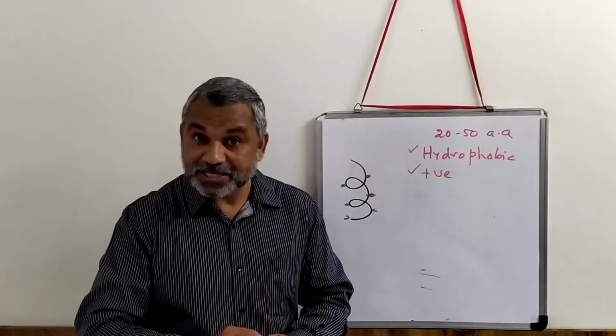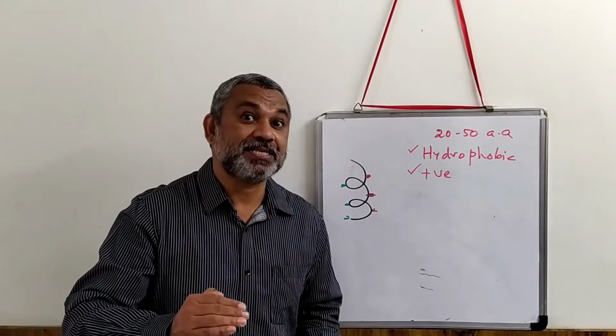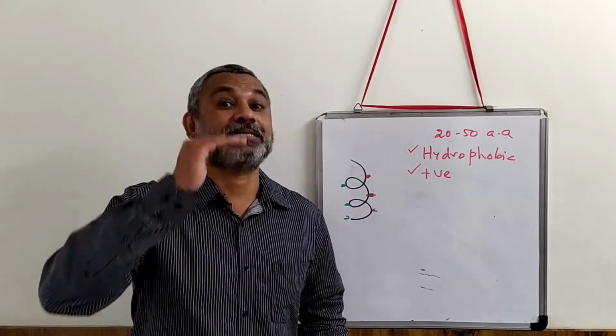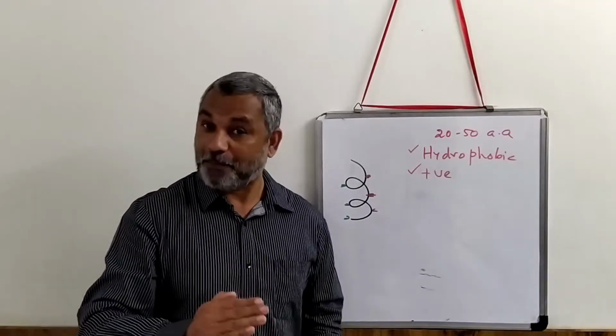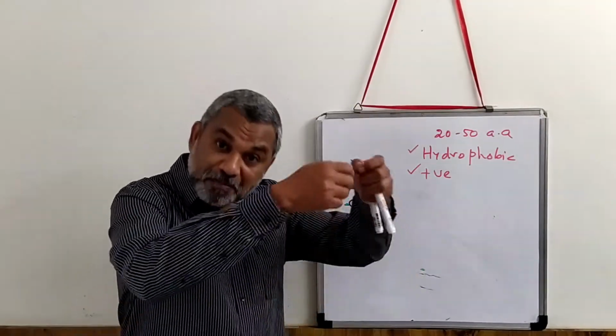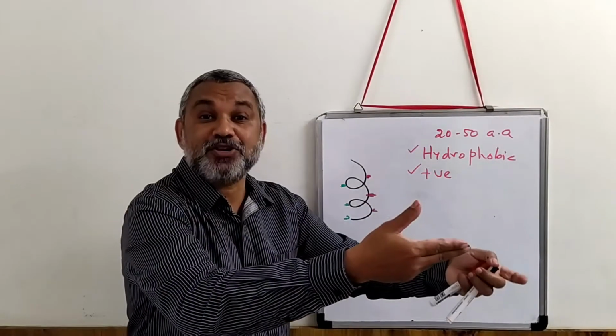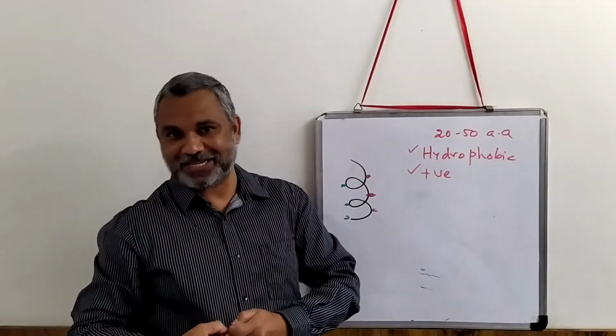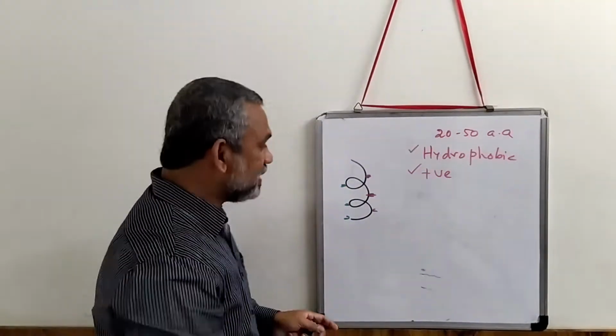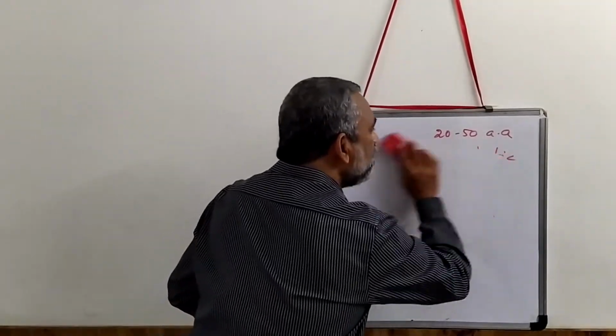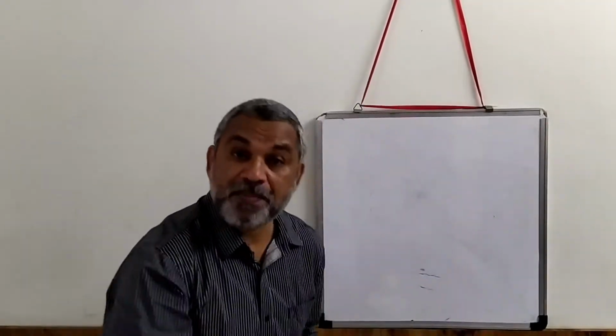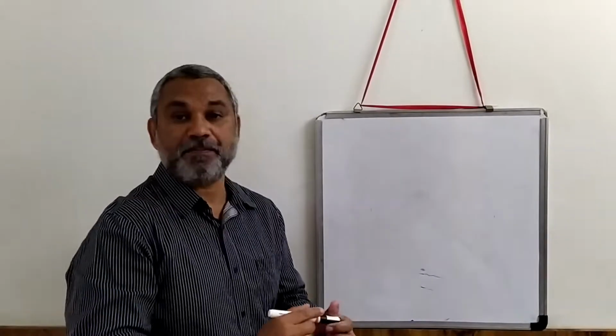Now the question is, how exactly does this translocational motor operate, or how is the protein which is present in the cytoplasm brought inside? In order to understand that, we need to look at the complexes that are present on the membrane.